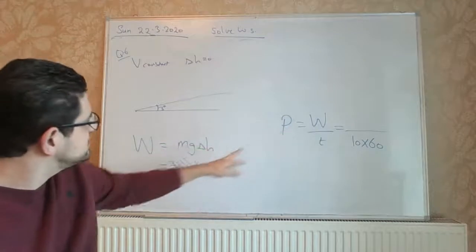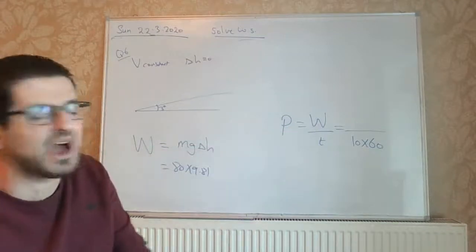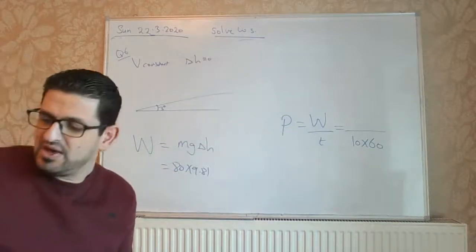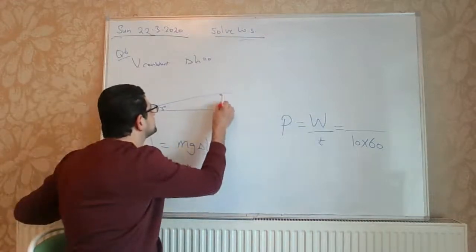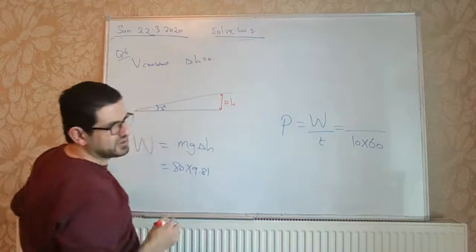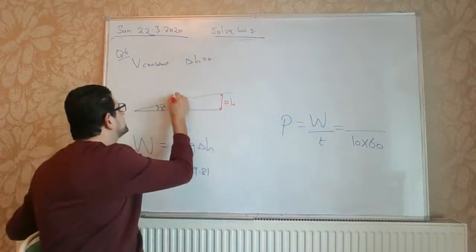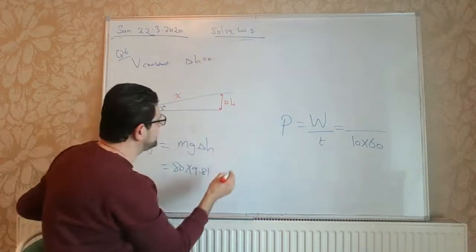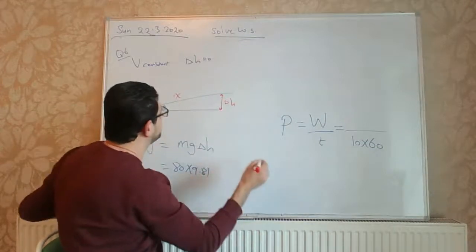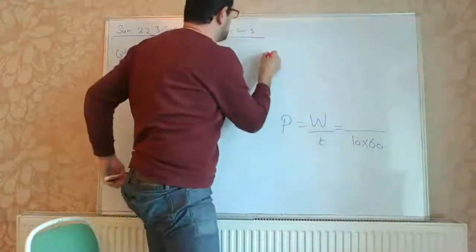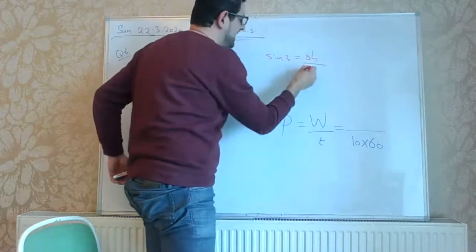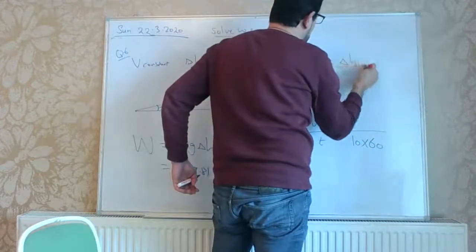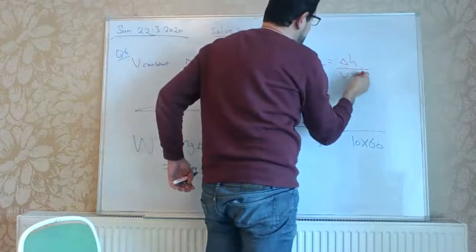So the problem is with finding the work done now. The work done again, mg delta h, this is delta h. As we did before, if this is x, sine 3 is delta h over x, meaning over speed times time.